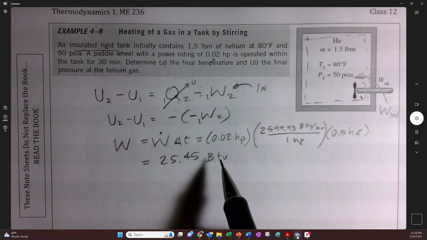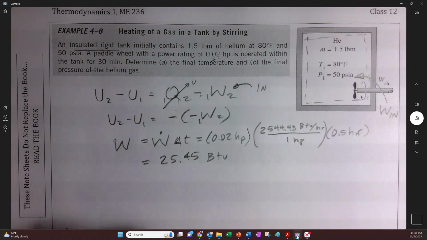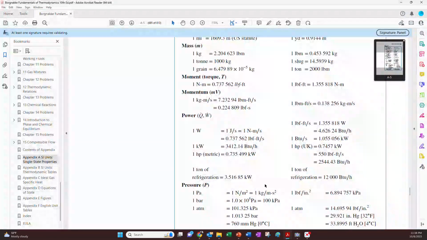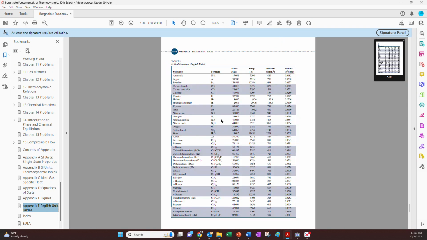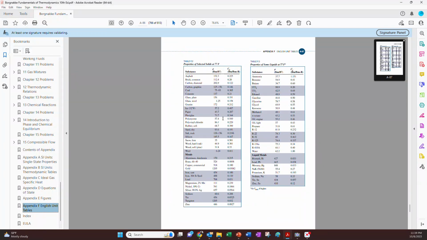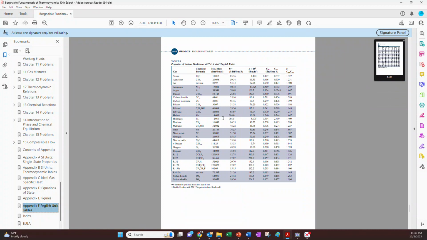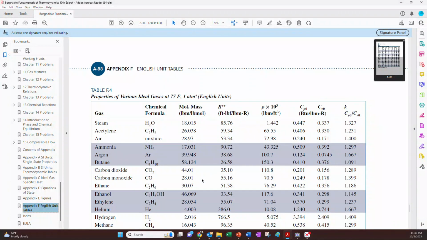Okay. We're going to look up the specific heat constant for helium, but we need English units. Helium, boom, 0.744.